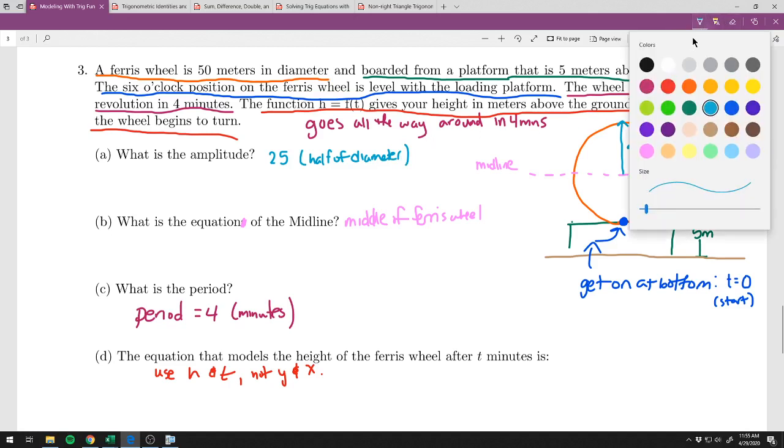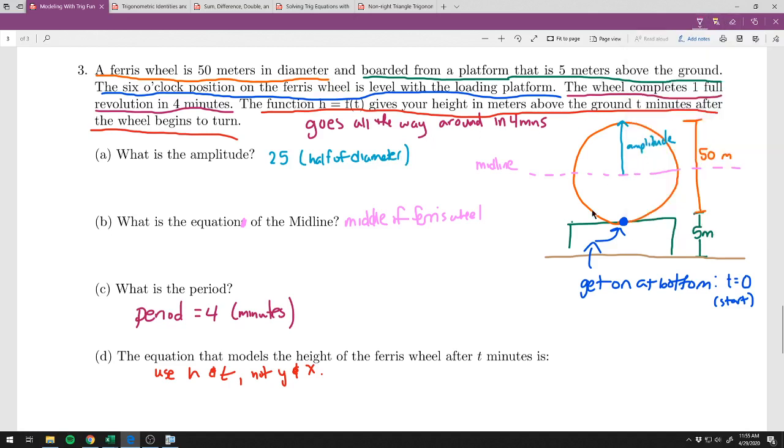The midline is just something you want to be careful about. It's really easy to make the mistake of just adding these 2 numbers, 55 and 5, and then dividing that by 2, because you think that's halfway up. But remember, the midline is halfway up on the Ferris wheel. So we're automatically above the 5, and then halfway up is 25 more. 5 plus 25.